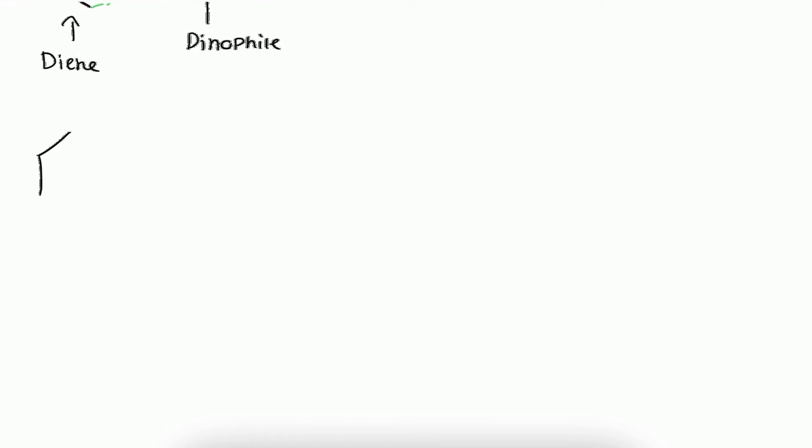So again, I'll just start out with a diene, and we'll react it with an alkene. Just like that. What products are we going to get from this reaction? Well, the mechanism is the exact same. So we're going to form our new pi bond, sigma bond, sigma bond. I'll illustrate the new bonds once again.